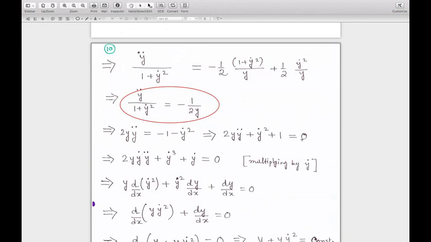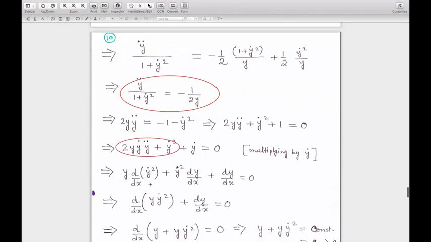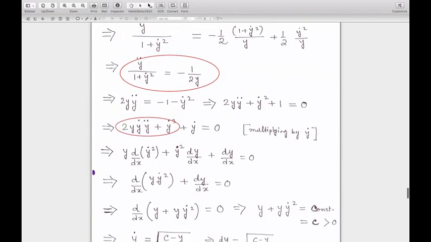Now it can be much more interesting if you find something so that you can make the whole thing an exact differential. The trick is to multiply the whole thing by y dot. If you do that, the first two terms will combine to give you d/dx of y dot square, and this one is nothing but dy/dx.